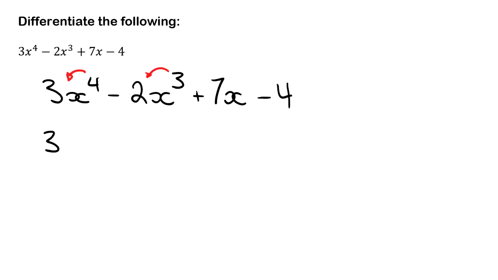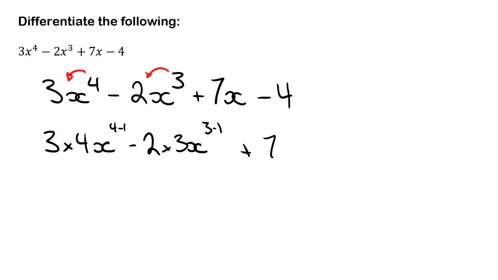So we're left with 3 times 4, x to the power of 4 minus 1, 2 times 3x to the power of 3 minus 2, minus 1, sorry, plus 7. Because that only has an x by itself, the x disappears, we're left with just the coefficient of 7.